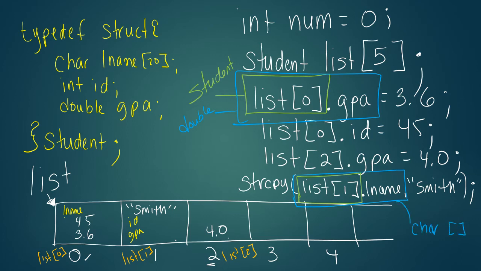All right, now what if I wanted to fill in my character array with user input? So let's go to the next slide. Let's just remember that our fields, we have lname, which is a character array, we have ID, which is an integer, and we have GPA, which is a double.